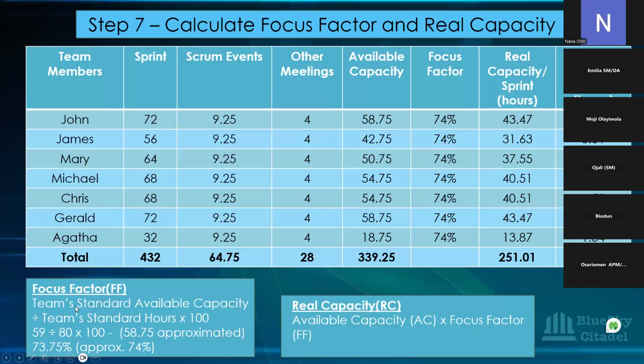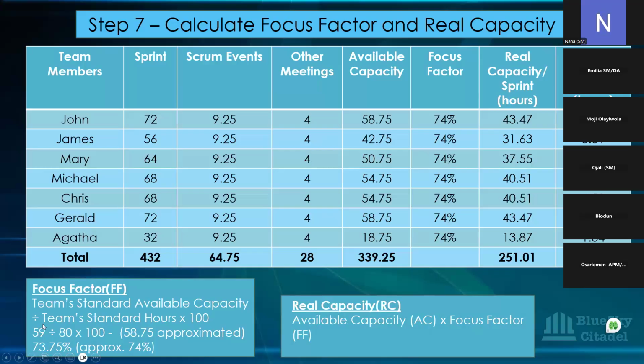For you to get the focus factor, you're going to do the team standard available capacity. So how many hours are these people actually employed for? How many hours per day? 8 hours. That's the distribution by default. So it's 8 hours, which gives you 80 for a sprint.